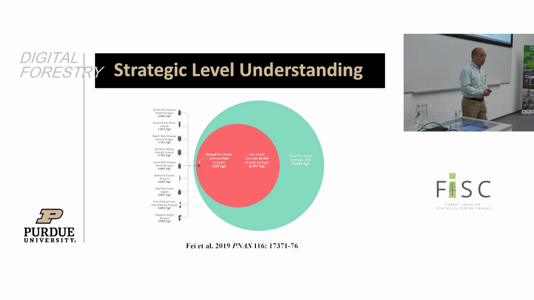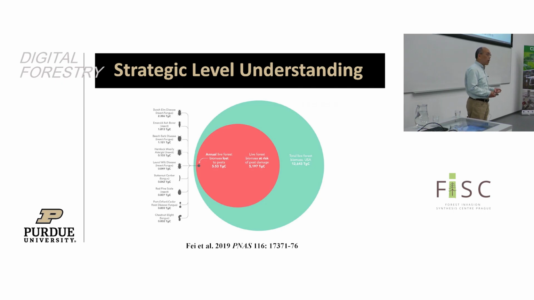Strategic level is when you're thinking about the big picture, like national distribution, so maybe policies about quarantine, or understanding the dynamics and biotic resistance like Eki was talking about earlier, so we'll have more natives. What would we have the ability to do, or in terms of impact and so on. I'm going to quickly run through a few of those that my team and collaborators were able to do.